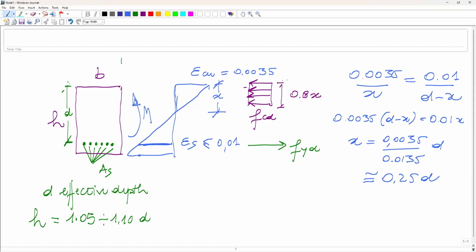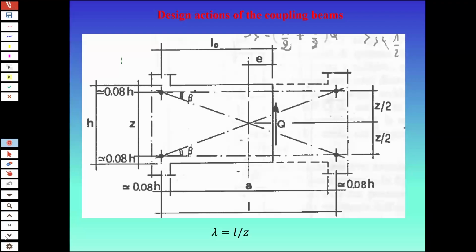Keep this number, okay? Because now we go back here. If you hypothesize a distribution of compressive forces over about 0.16 h, which is what we have said, because this beam is very deep, so the proportion between d and h is not like for a standard element. Where is the centroid of this distribution?